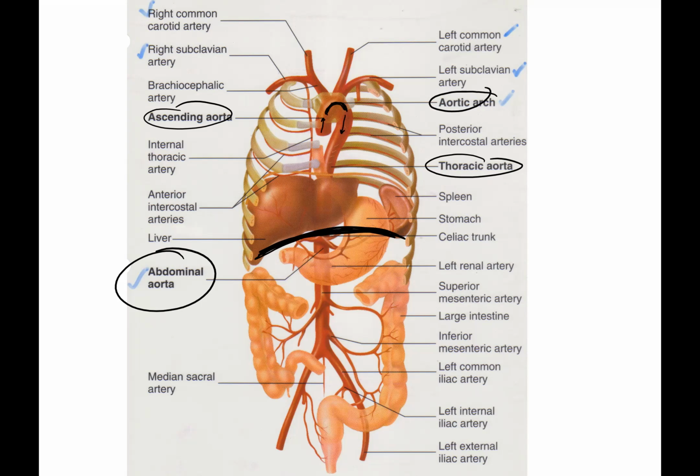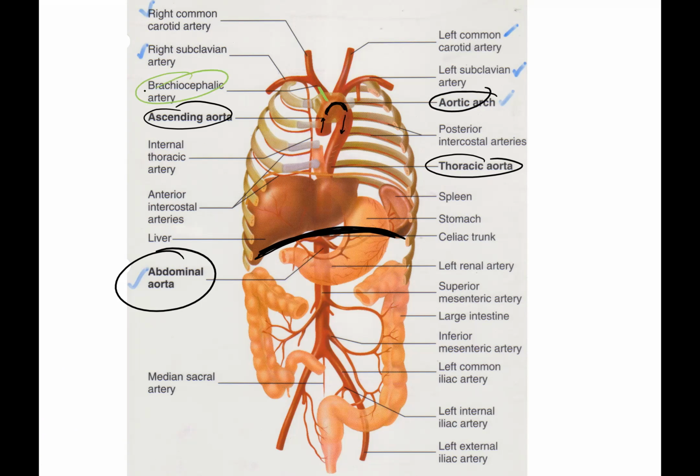The branches off of the aortic arch, let me change colors here, are going to be the brachiocephalic. And this is in order, by the way.